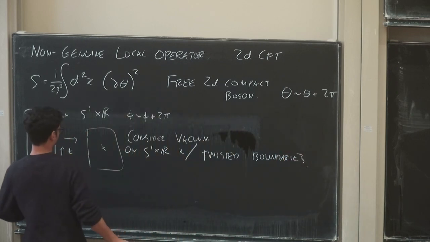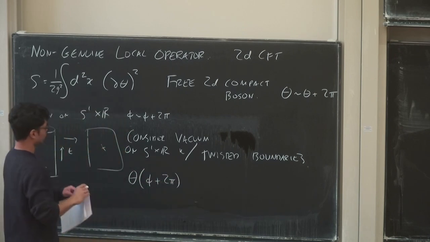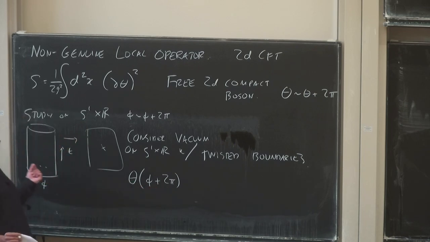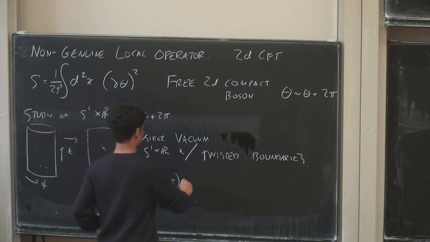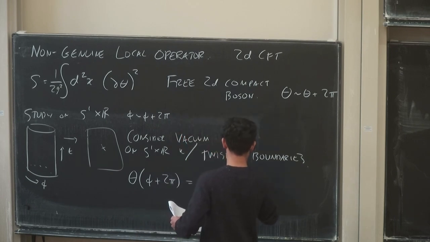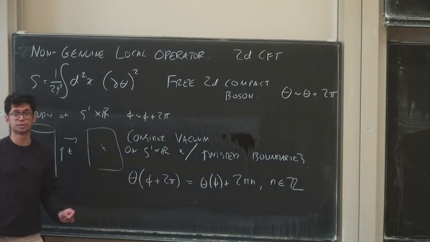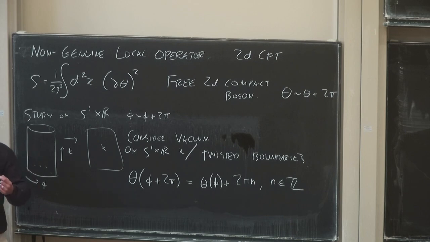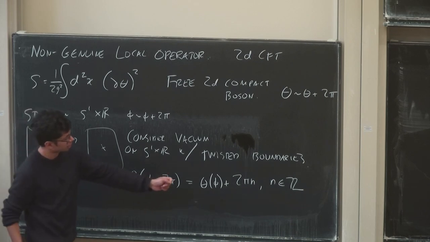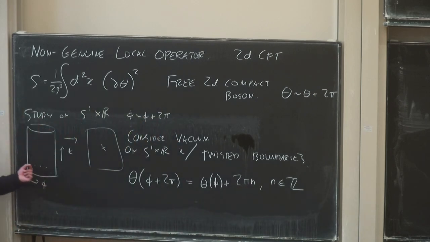For example, let's consider the following boundary condition: when I go around the spatial cylinder, I also go around the target space circle. So this is a twisted boundary condition. Here, n is an integer. I can pick it to be anything I like. I'm saying that when I go once around the spatial cylinder, I also go once around the target space direction. This is a completely reasonable thing to do.